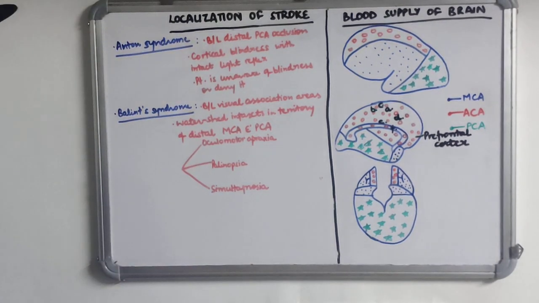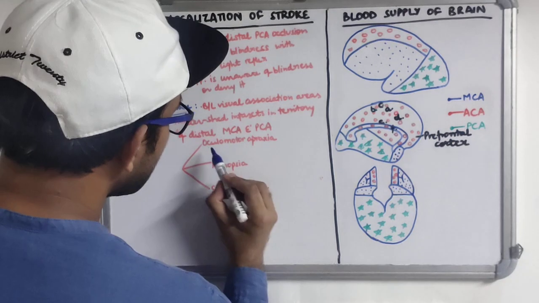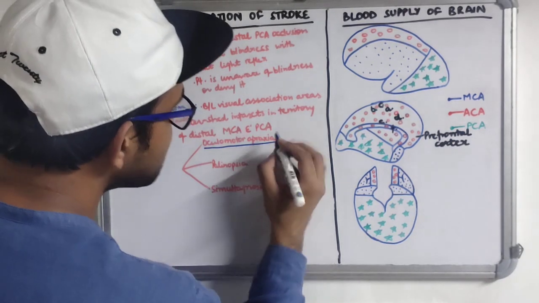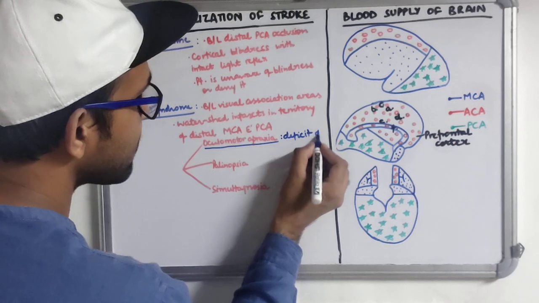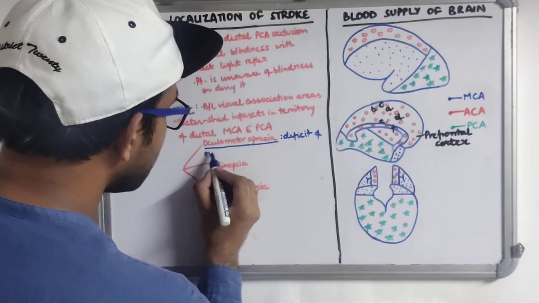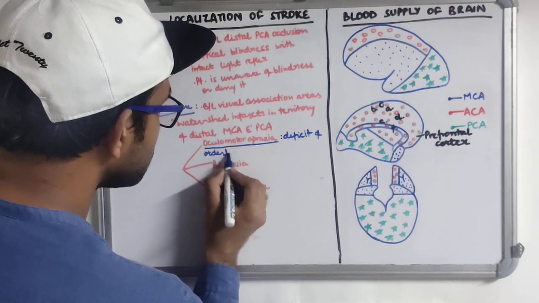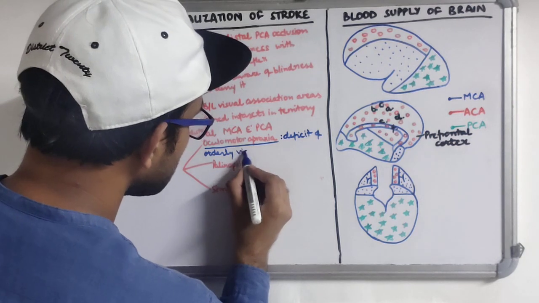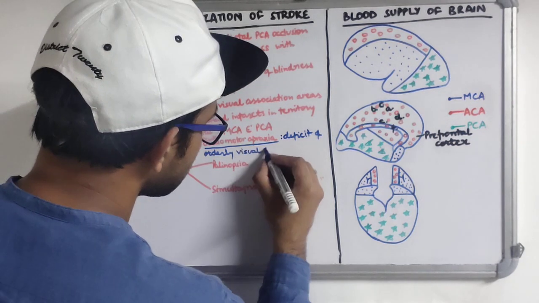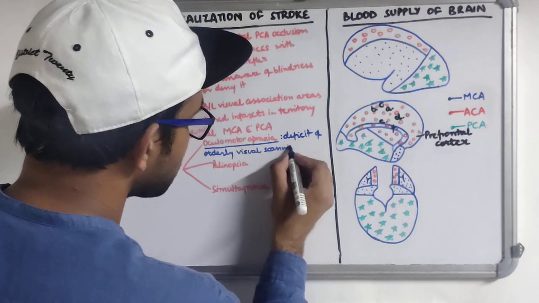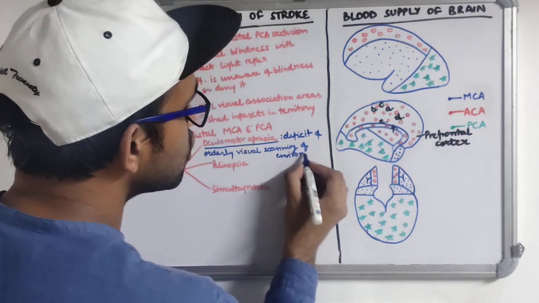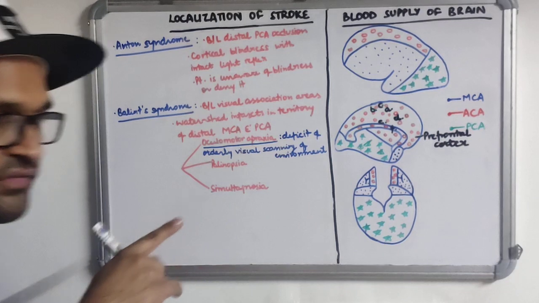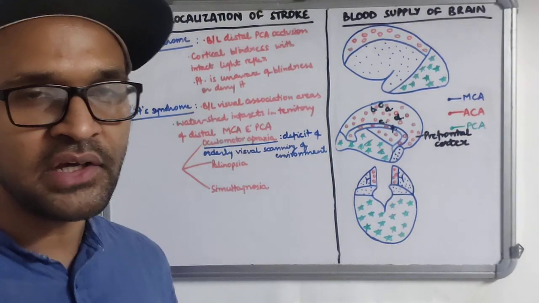Now, what are these things? Oculomotor apraxia is a deficit of orderly visual scanning of the environment. The patient is not able to do orderly visuomotor scanning of the environment.